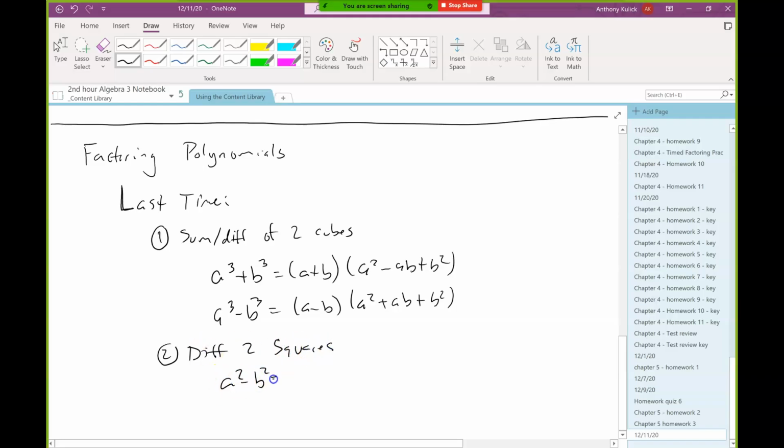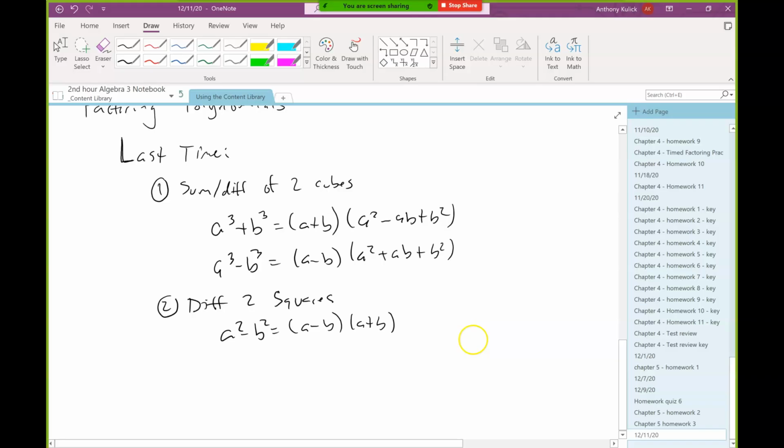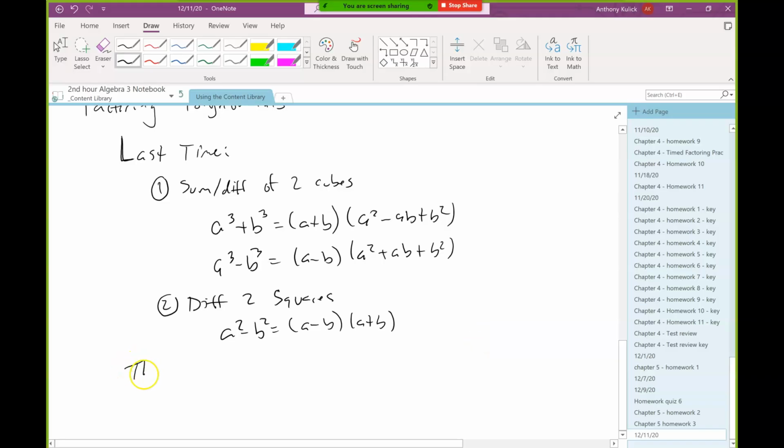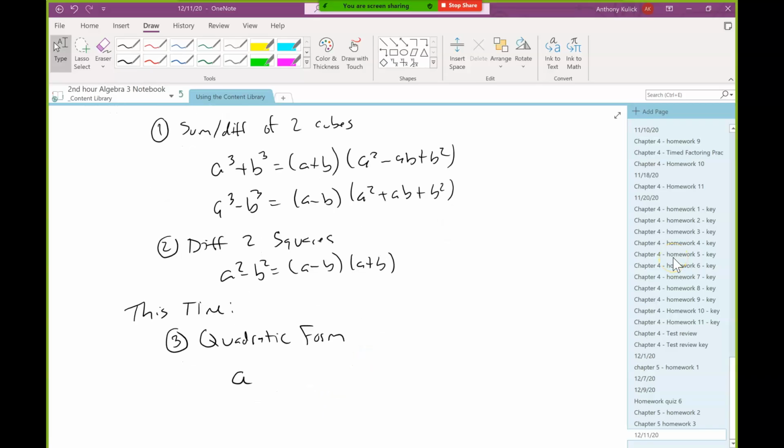This time we're going to add on two more factoring techniques. By that, I mean polynomials of the form ax to the 2n plus bx to the n plus c. So let's look at an example of what I mean by that.